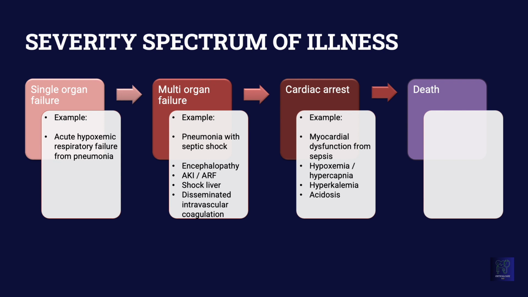There can also be renal failure, which can lead to hyperkalemia and metabolic acidosis, all of which can cause mechanical and electrical instability of the heart, ultimately leading to cardiac arrest, after which, if the patient doesn't make it, they will die. The most critical point in this chain of events is cardiac arrest, because obviously after death there is nothing medically to do. So cardiac arrest is the highest form of emergency that you can ever find yourself in.